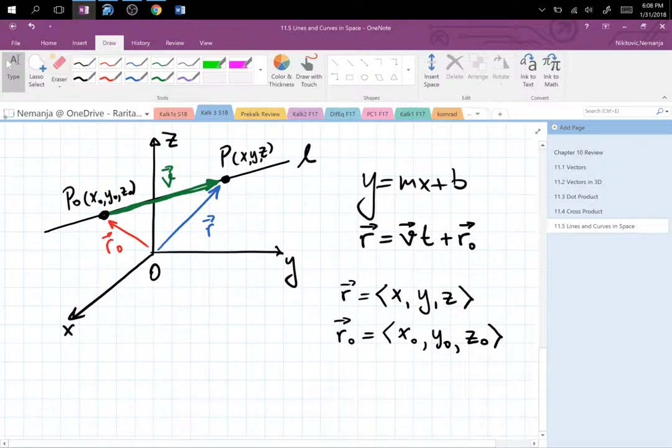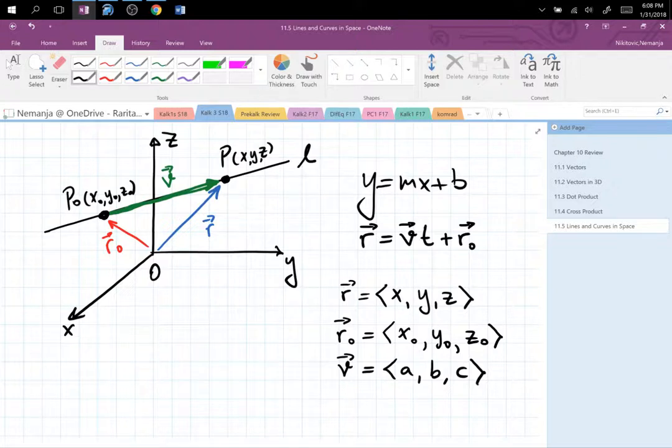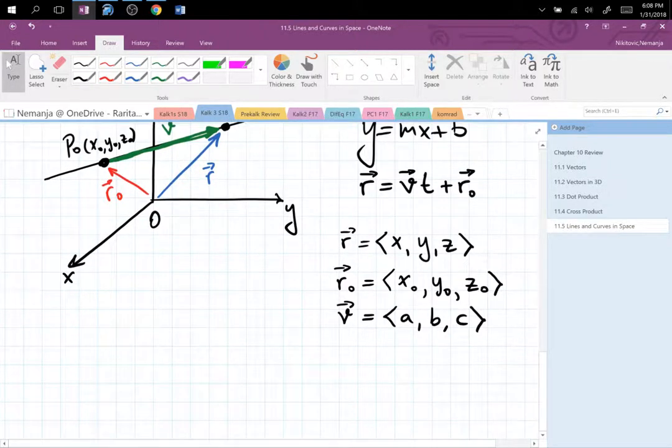Now we are going to define the vector v to have the coordinates a, b, and c, which is going to be the orientation. We'll see the way we get all of these. And now, as you put these guys together, what do you have? I am going to write these vectors now as column vectors.